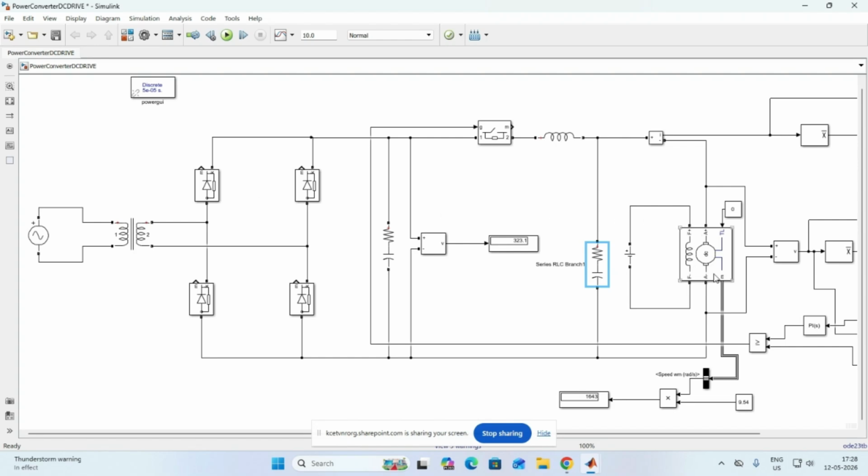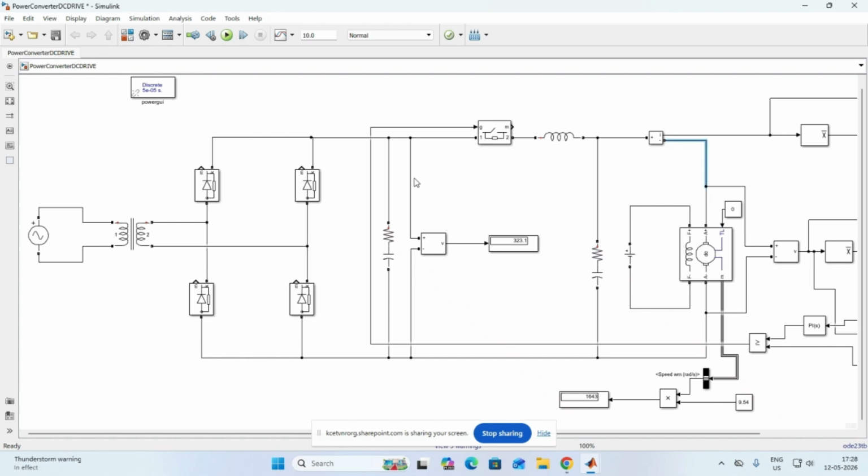And we are connecting a DC motor across the chopper. For field, we have given a direct DC supply, and we are going to control armature voltage. You can see the lines. This is armature.